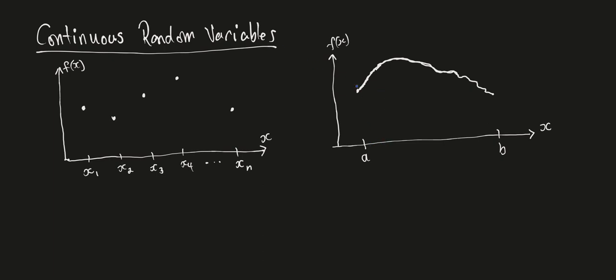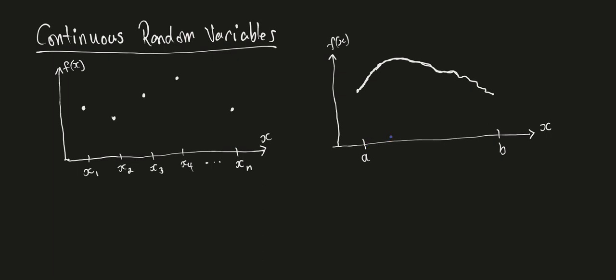Since there is no gap between them, I can't say what is the probability that my random variable is equal to a specific number, because I can't measure it that precisely to isolate just one number. But what I can do is look at an interval.